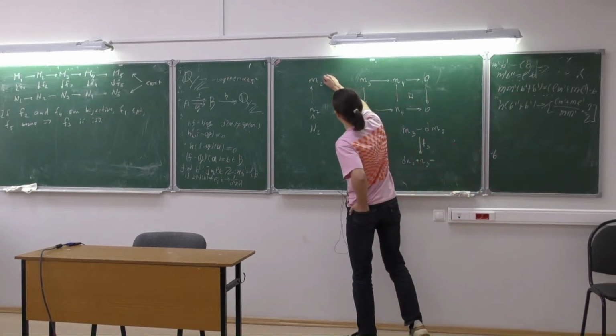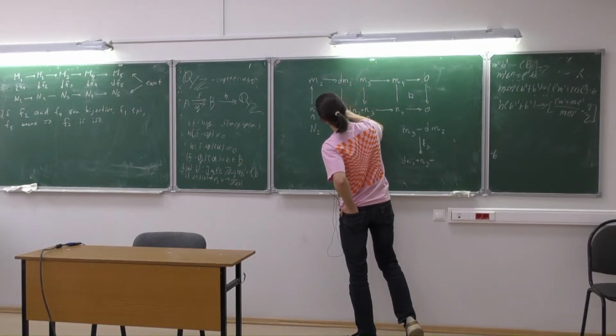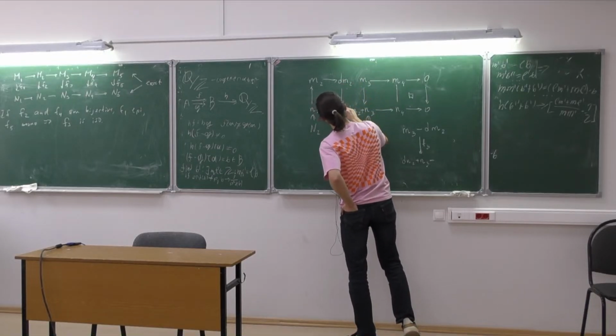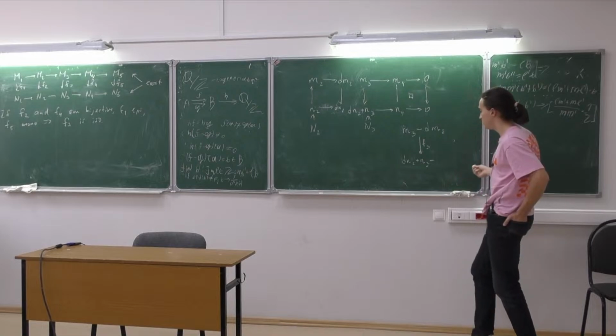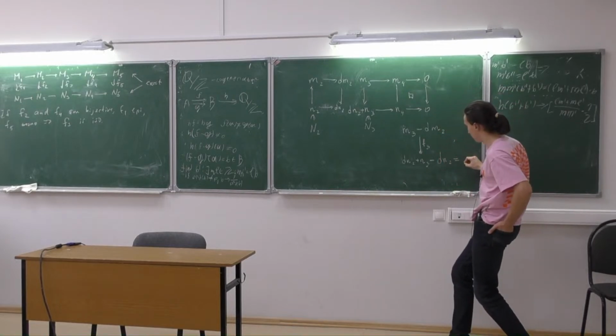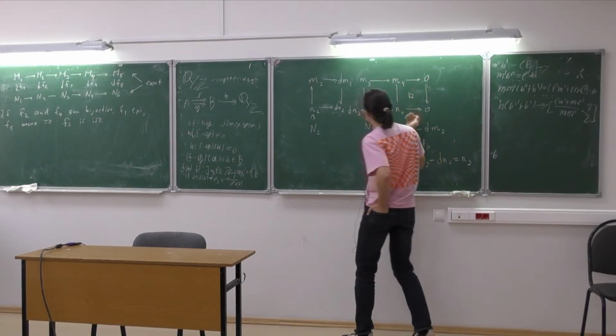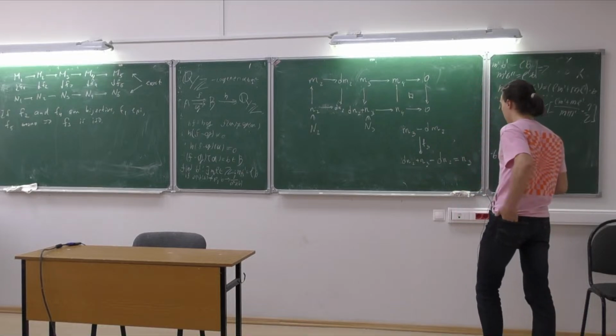But here we have a commutative square, Dm2, Dn2. So the image of Dm2 must be Dn2. So this is exactly N3, and the surjectivity is proven.